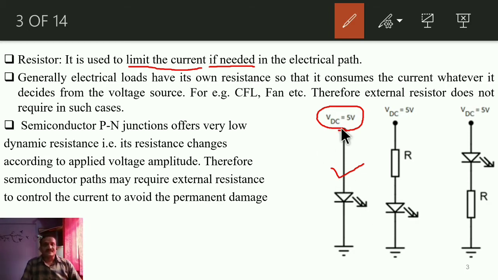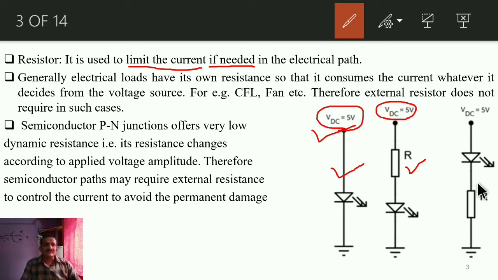Because if we consider a voltage source of low current rating, then that LED can handle the maximum current provided by this voltage source, so there is no need of a resistor. Again, in the second diagram I have shown a DC source of the same amplitude, but here the resistor is preferred because this voltage source is somewhat strong in terms of its current rating.